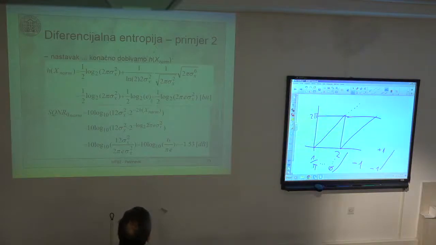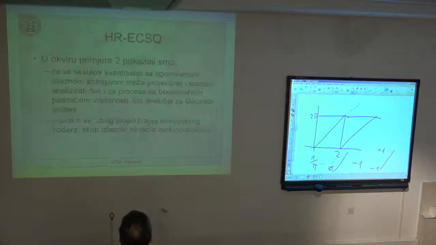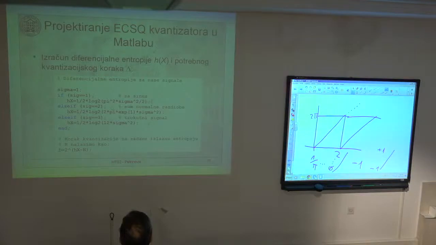Differential entropy is 1/2 logarithm base 2 of 2 pi e variance. We can check if this is really true. Differential entropy for the normal distribution is 1/2 logarithm base 2 of 2 pi times the exponent of 1, that is e, times sigma square, but sigma square is of course 1.